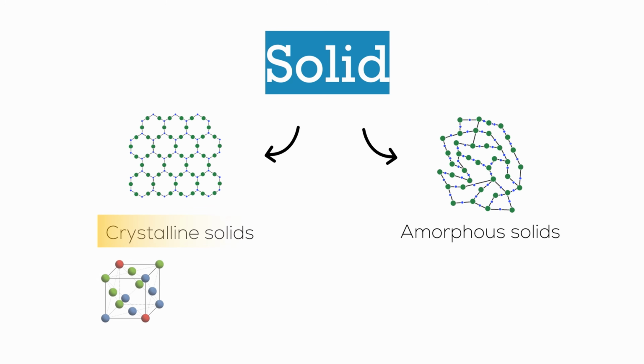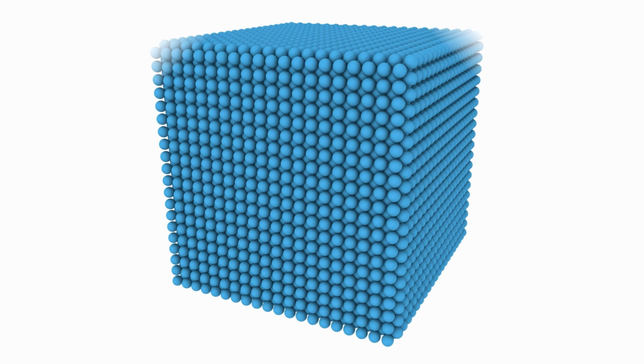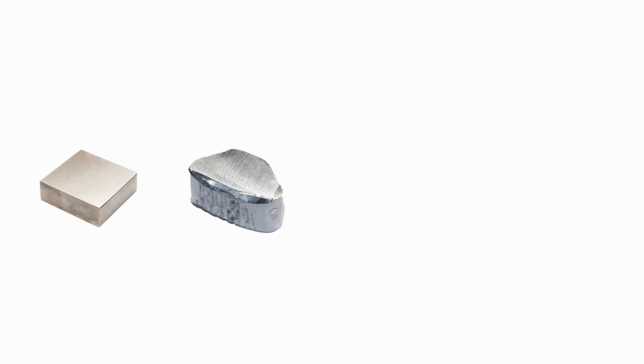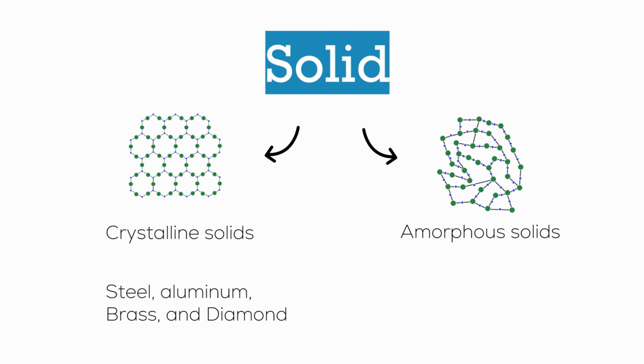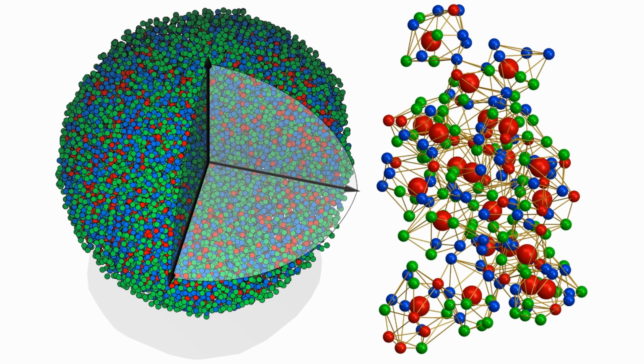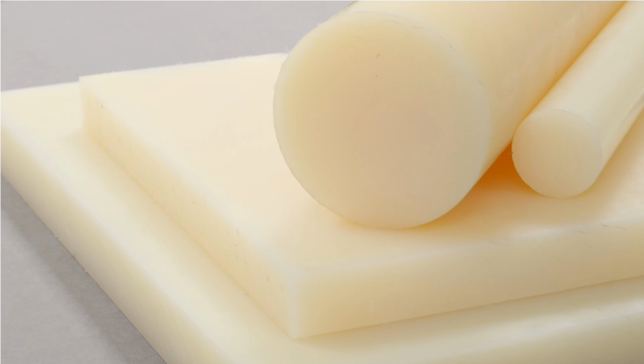Crystalline solids have atoms and molecules arranged in highly ordered, like FCC or BCC, and repeating patterns that extend in all directions, forming a crystal lattice. For example, steel, aluminum, brass, and diamond are crystalline solids. On the other hand, amorphous solids lack a long-range ordered arrangement and do not have repeating patterns. For example, polymers like nylon.